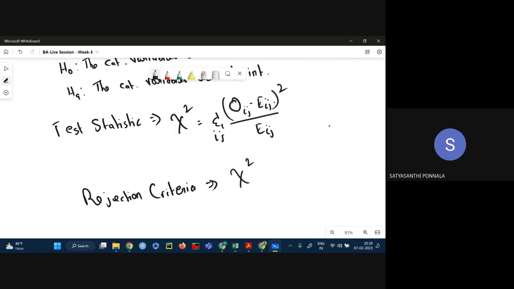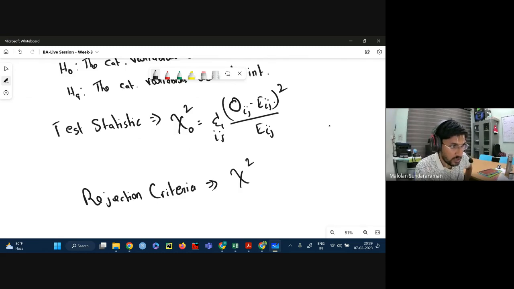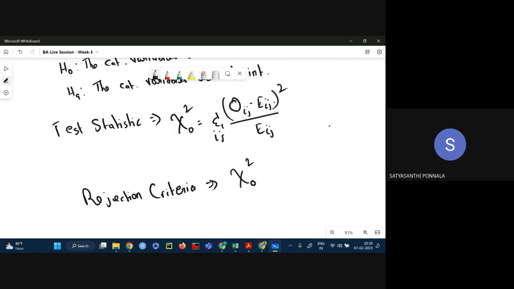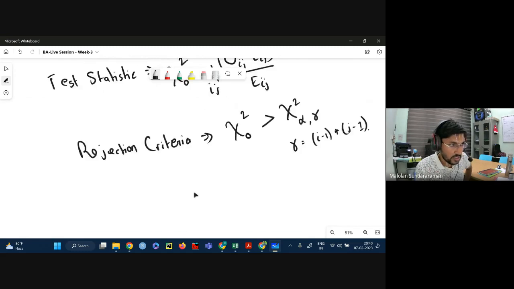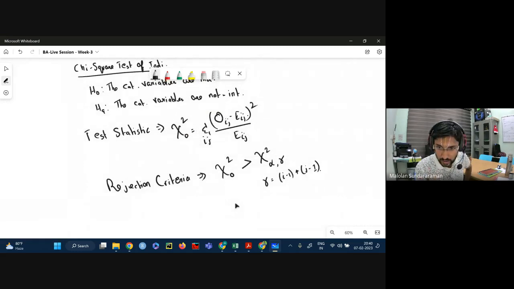So my chi-square, let me call this chi-square 0, is greater than the tabulated chi-square alpha at rho degrees of freedom. Alpha is the significance level and rho is the degrees of freedom. Rho is going to be (i minus 1) times (j minus 1). So this is, in a nutshell, the chi-square test of independence.